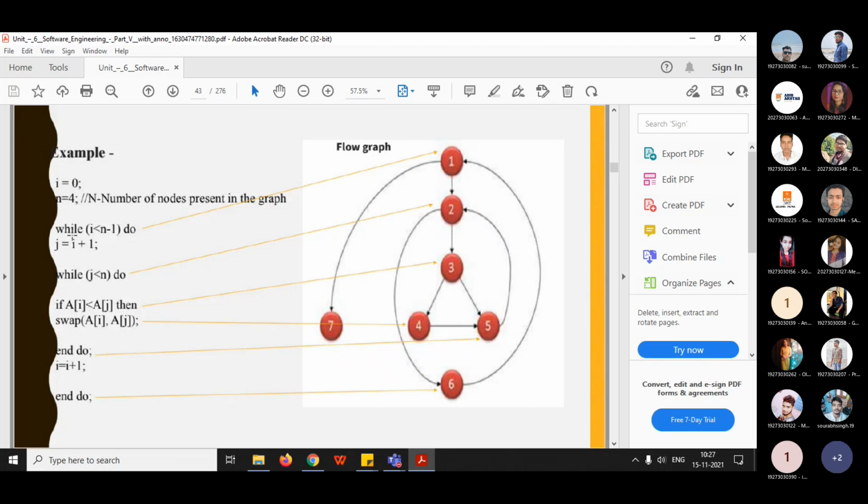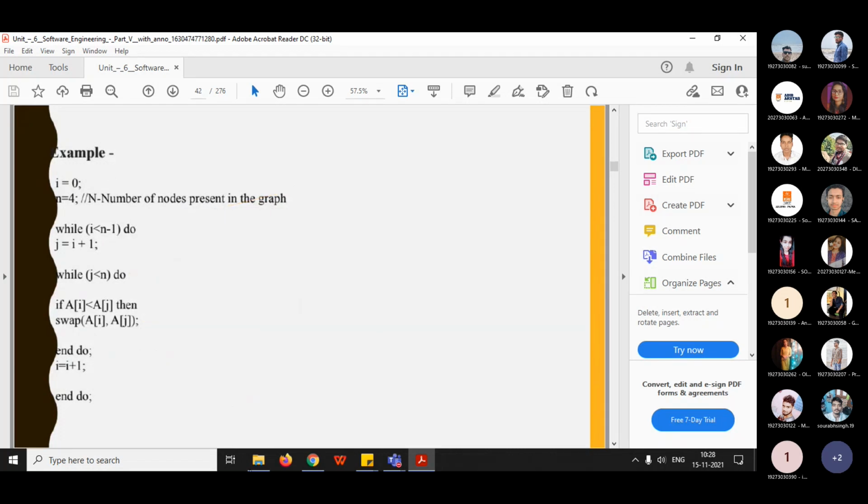So in case of any conditional statement, you will consider it as one predicate node. If you are given this pseudo code, you can calculate the number of predicate nodes by seeing this code.